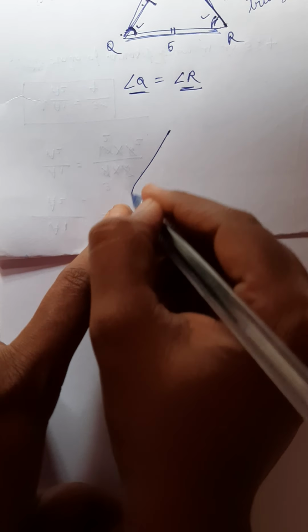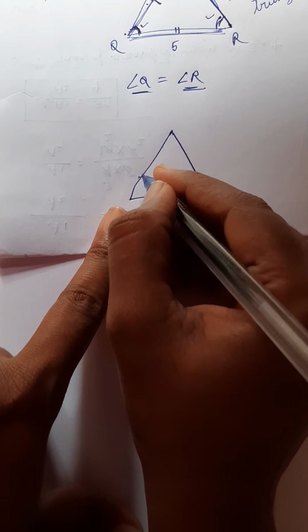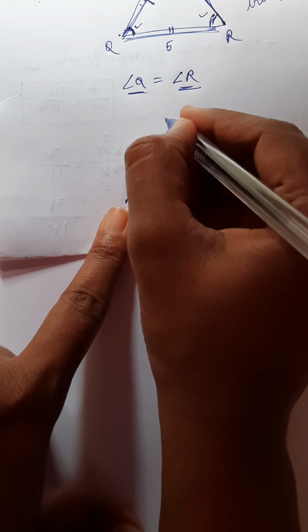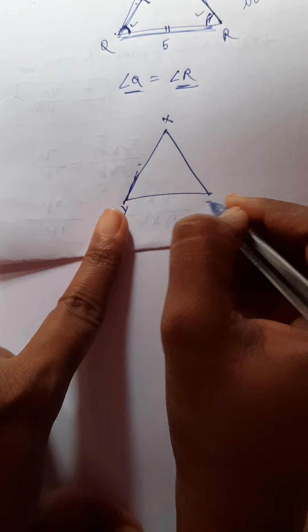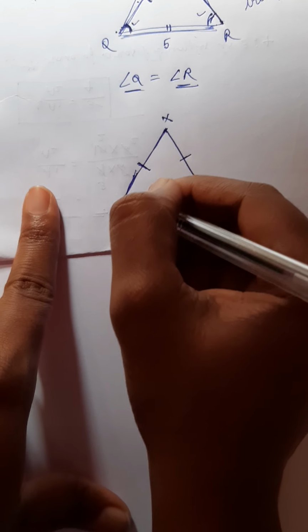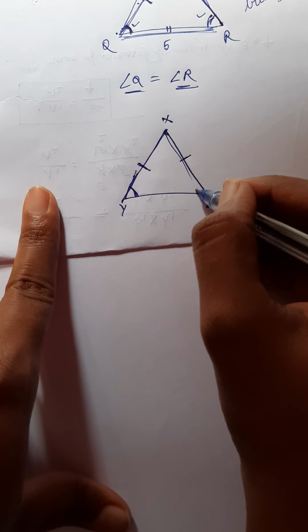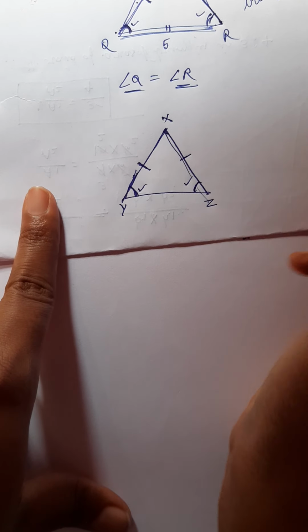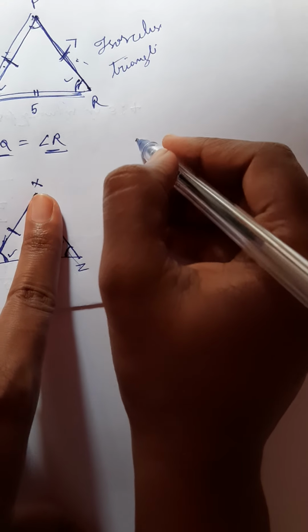I repeat, in an isosceles triangle XYZ, if these two sides are the same, then the base angles are also equal. And the converse means the reverse form. What is that?